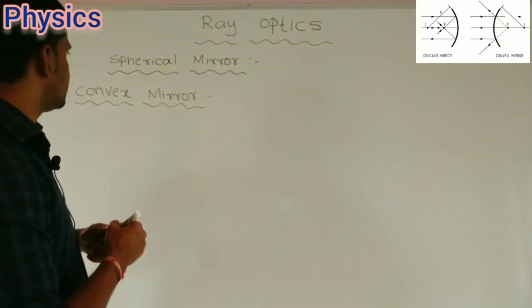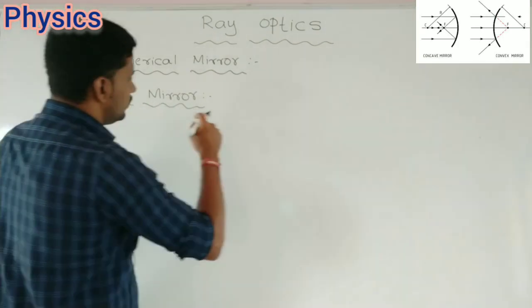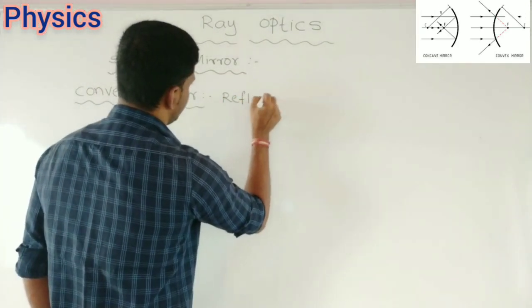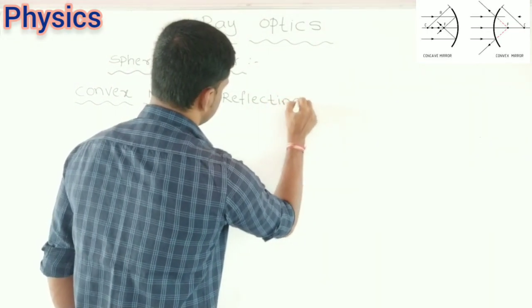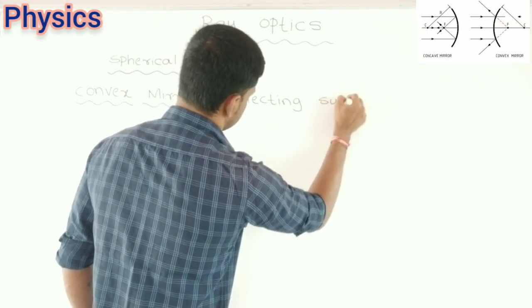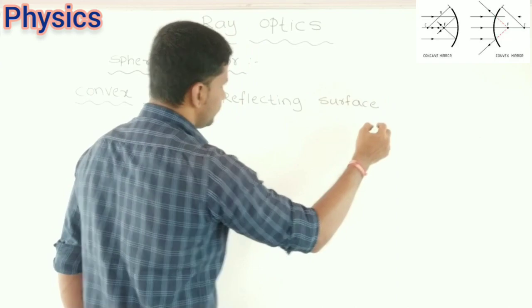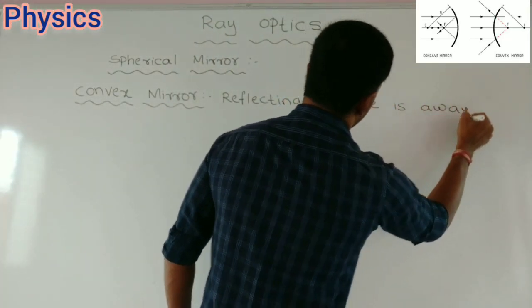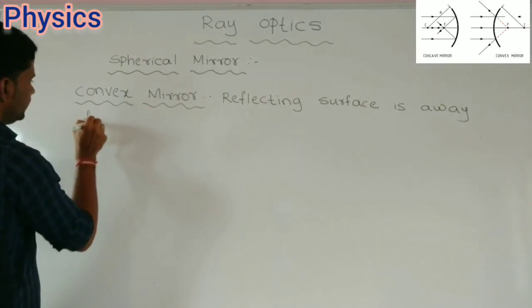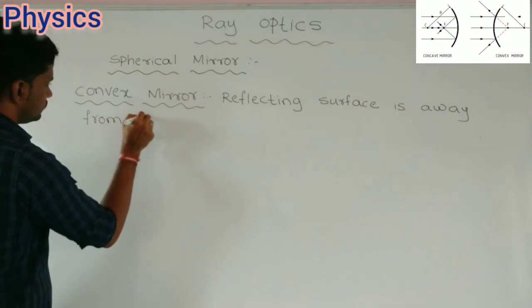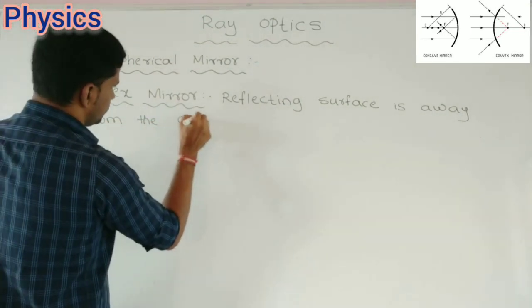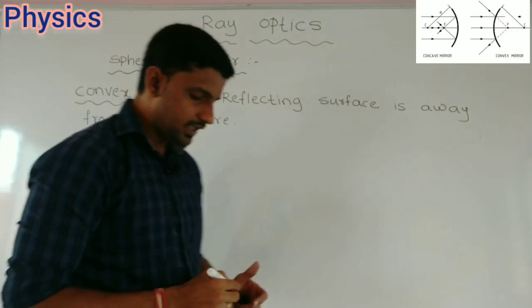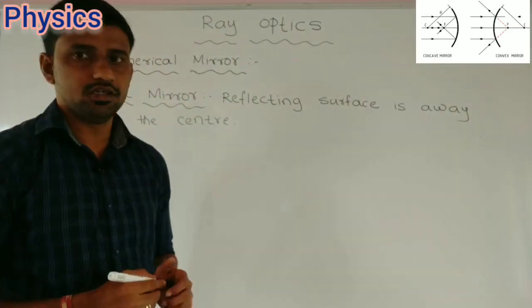So a convex mirror is a part of a hollow sphere whose reflecting surface is away from the center. Then it is called a convex mirror.